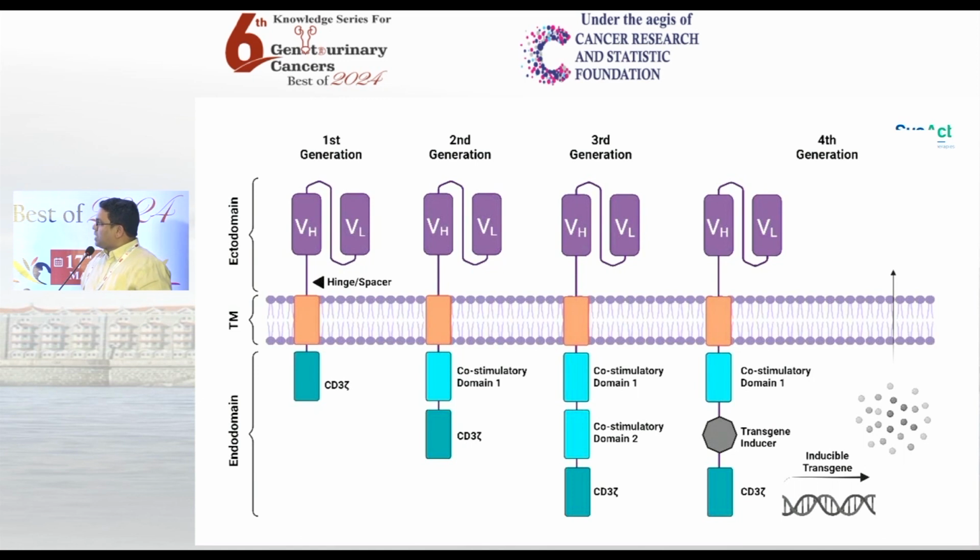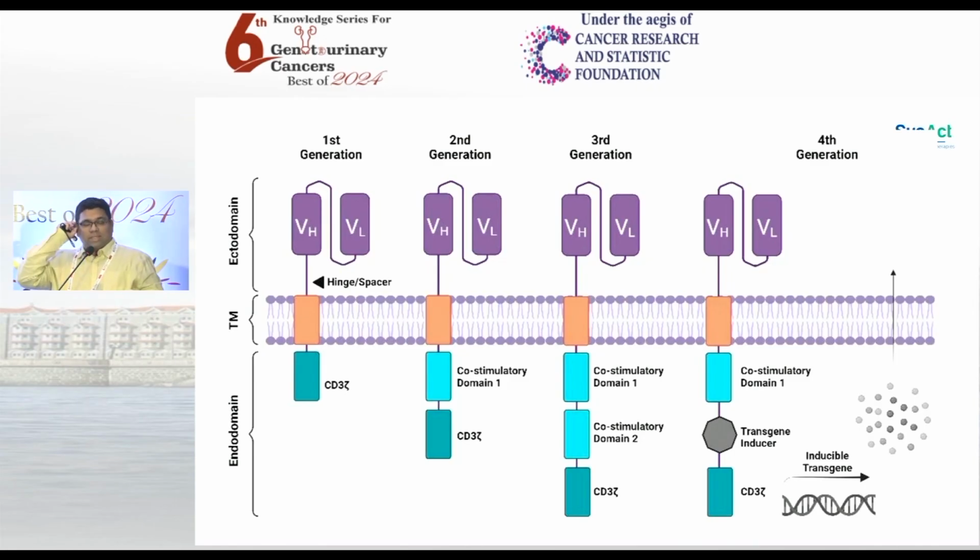The fourth generation actually has a transgene inducer, which leads to excess of interleukin secretions. And the fifth generation, which I have not shown here, actually has an interleukin-2 gene embedded inside. What this does is, most of the solid tumor milieu is cold. It transforms this cold milieu into a hot milieu. What has been assumed is, the higher the generation of CAR-T, the more likely they are to be successful in solid tumors.